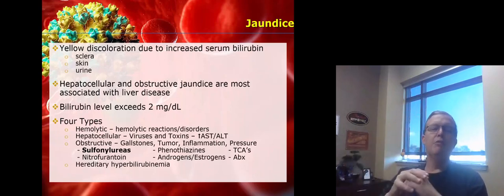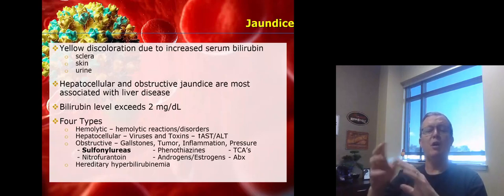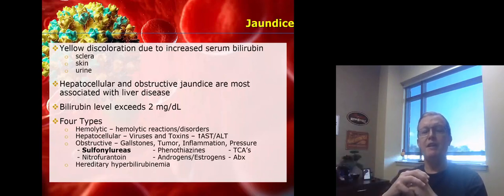But remember sulfonylureas. I talked about those drugs earlier in our conversation when we were talking about anti-diabetic agents. The sulfonylureas can also produce an obstructive liver failure. So all of these things look like liver failure, but the cause is a little bit different.